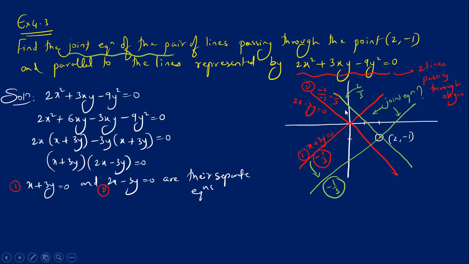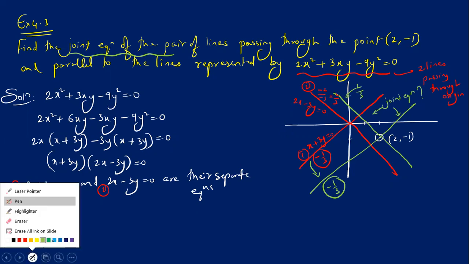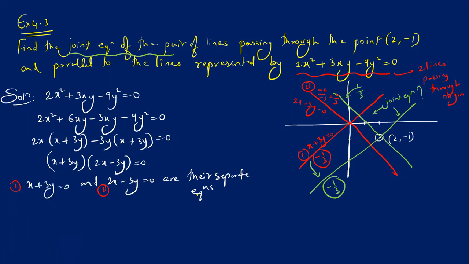Okay, now we got two slopes over here. Slope is given to me, a point is given to me, I can use slope point form and get the equation of the first line.